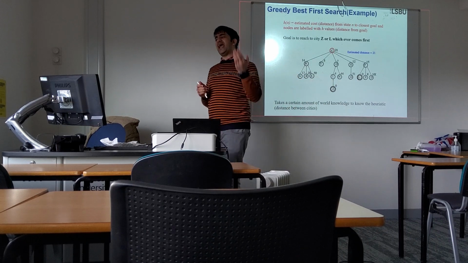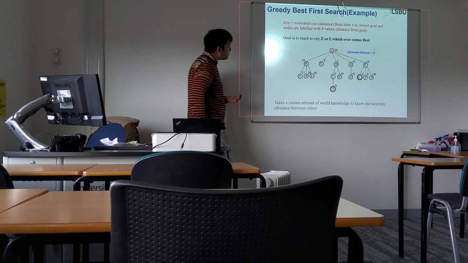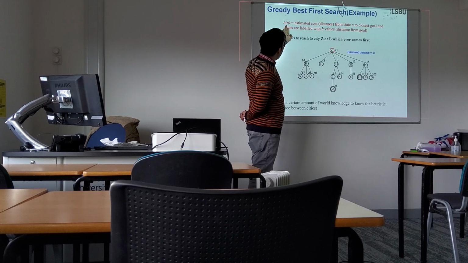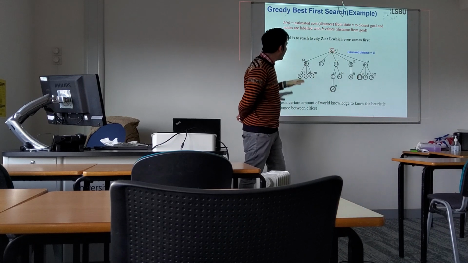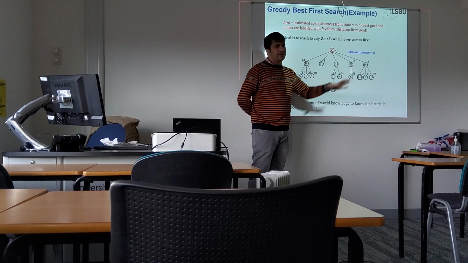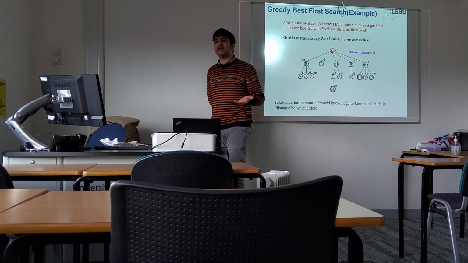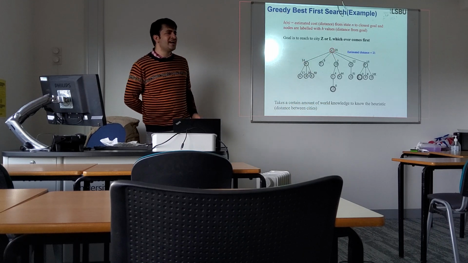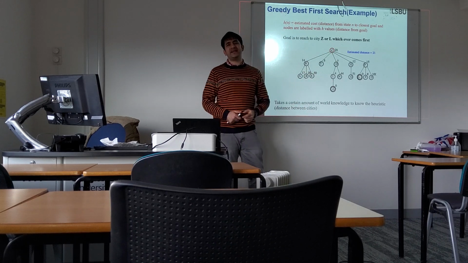But normally we say that as soon as we reach the first goal, the algorithm stops. So H is the estimated cost from state N to the closest goal. It means that these nodes are labeled with the distance from the goal. Now there can be a question in your mind: although you can see numbers at the moment here, how are we going to find them, right?